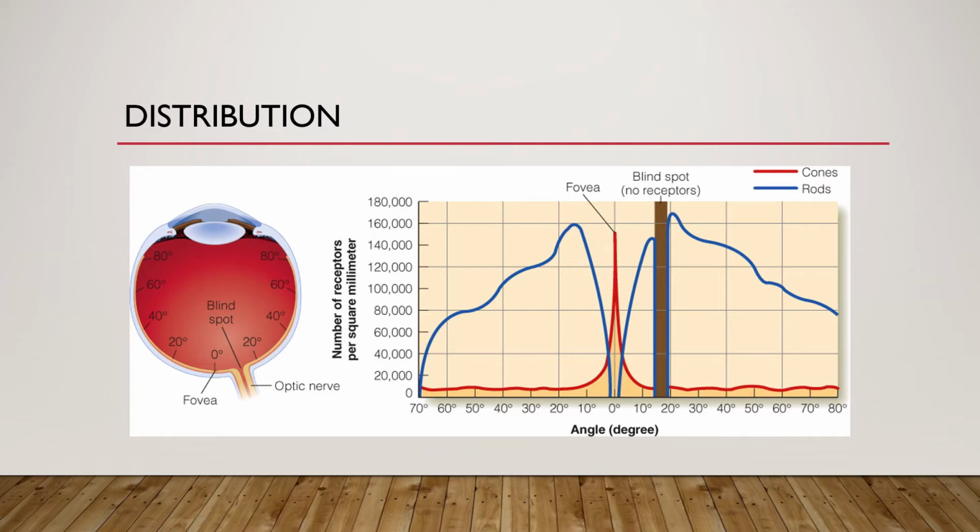What you'll also notice on this figure is that big brown bar in the middle of the graph, that is representing the blind spot, where we have absolutely no photoreceptors. And you can see it on the picture to the left, that we have to take this information to the brain.